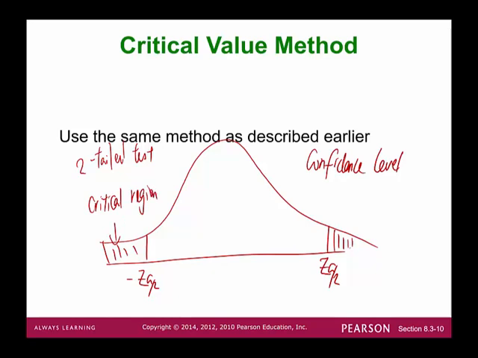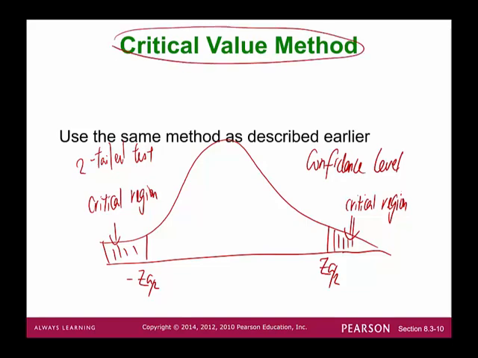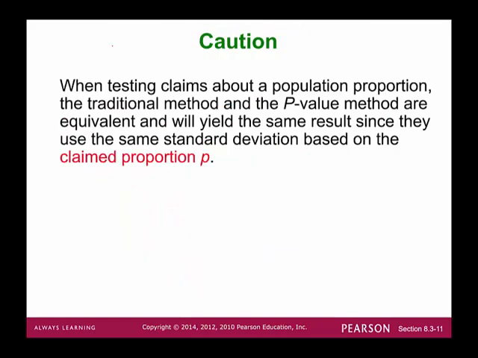Compare the test statistic to the critical z-score and locate the test statistic on the bell curve. And this is the critical value method. When testing a claim about the population proportion, the traditional method, meaning the critical value method, and the p-value method are equivalent and yield the same results, since they use the same standard deviation based on the claimed proportion p.